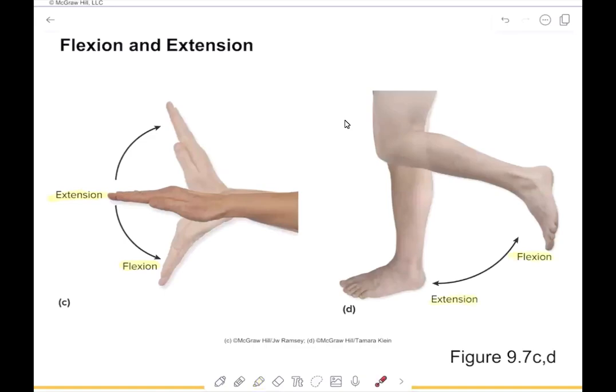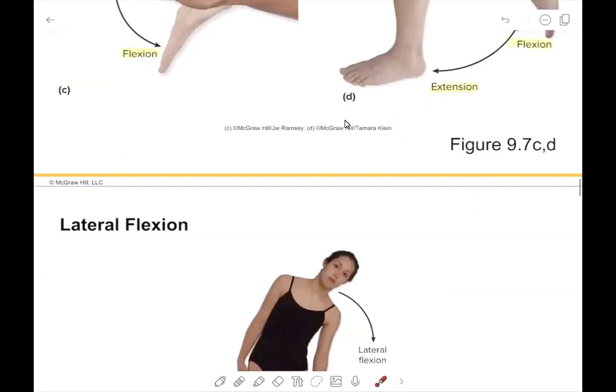This person is lifting up the crural region of their leg to decrease the angle at the knee joint at the popliteal region, whereas extension would be bringing the lower leg back down, thus increasing the angle at the knee joint. So the flexion and extension is all about the movement pertaining to that one specific joint.